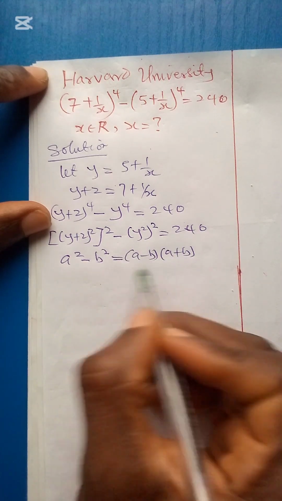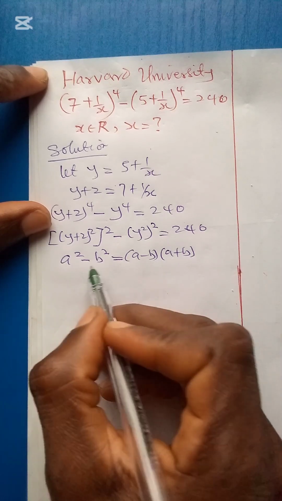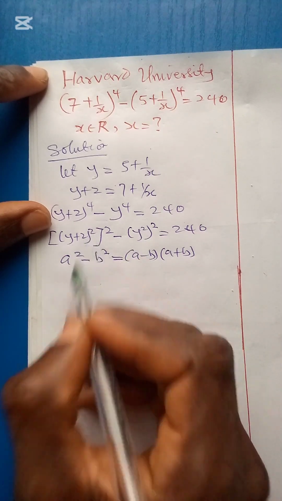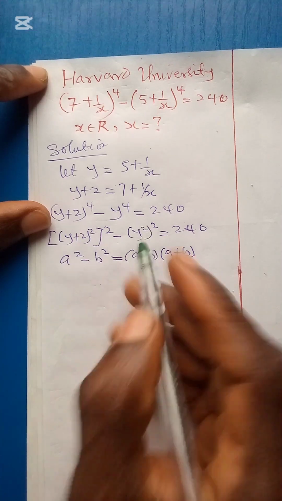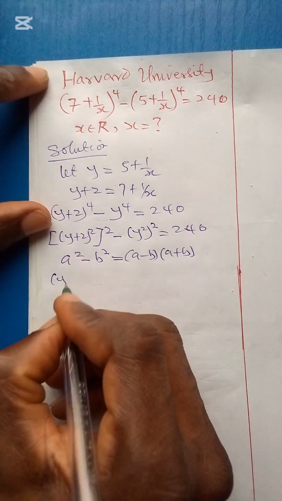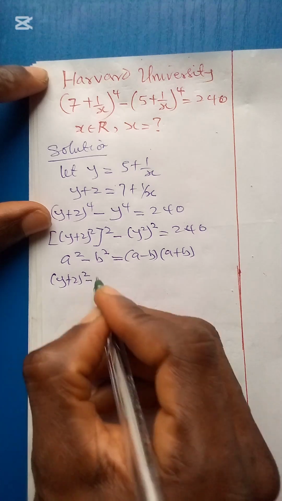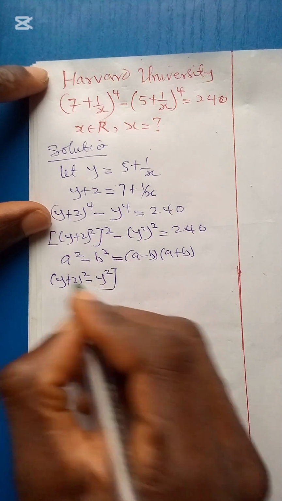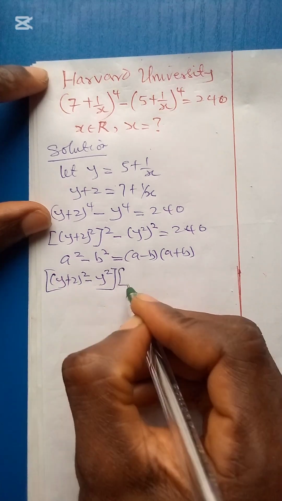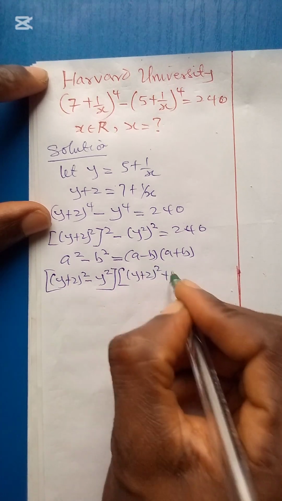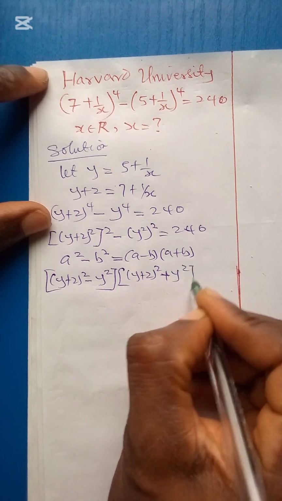So let us apply this expansion of difference of two squares here, where a is (y + 2)^2 and b is y^2. So I have (y + 2)^2 minus y^2 in the first bracket, then another bracket (y + 2)^2 plus y^2 is equal to 240.